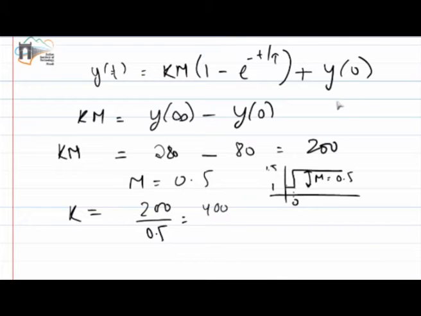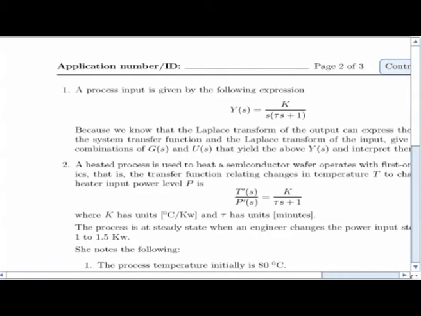Now I had the transfer function k over tau s plus 1. Now I know k. The only thing we need to find is tau. Now how can I compute tau? By using the information given in the second point: 4 minutes after changing the power input, the temperature is 230 degrees.